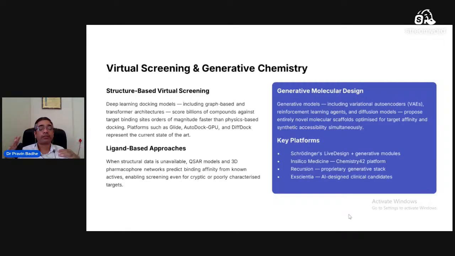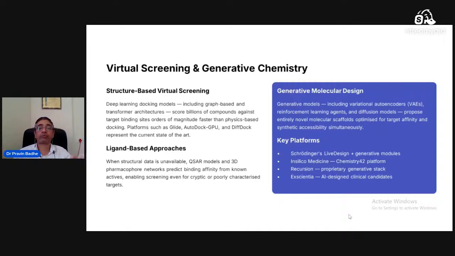Now, this is again similar to what in silico is doing, but with the help of AI, we have moved to a further step where different key platforms are available. Again, they are in a closed loop, where they have developed a platform which can be utilized only by the people who are paying or who are collaborating with them. Schrodinger is there, Insilico Medicine is there, Recursion is there.